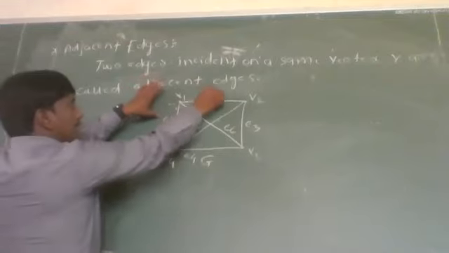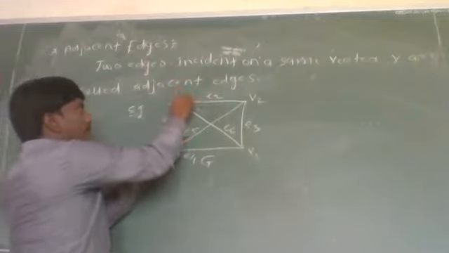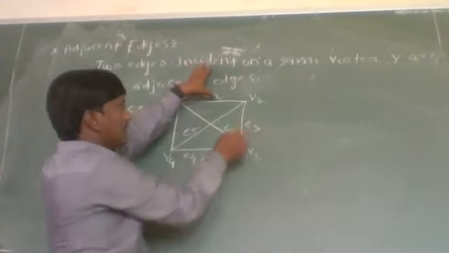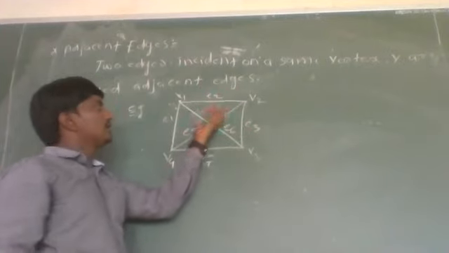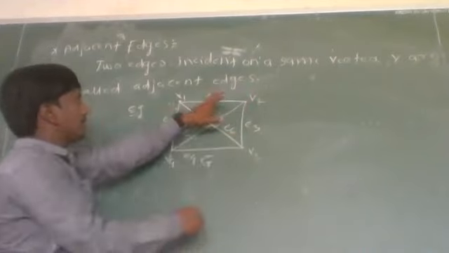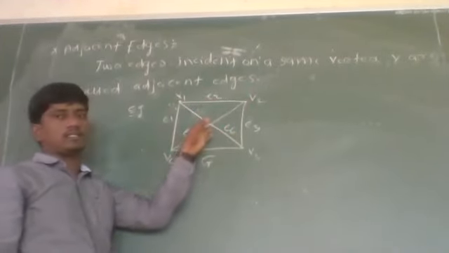Here edges E1 and E2 are adjacent edges since they are incident on the same vertex V1. Similarly, edges E2 and E3 are adjacent. Again, these are incident on the same vertex V2, but edges E2 and E4 are not adjacent edges.